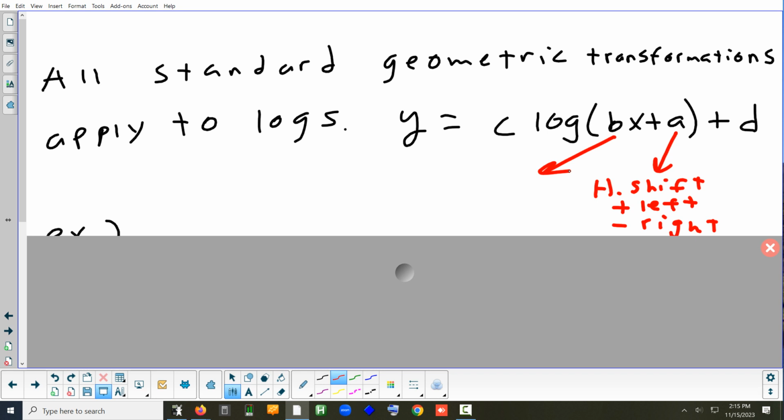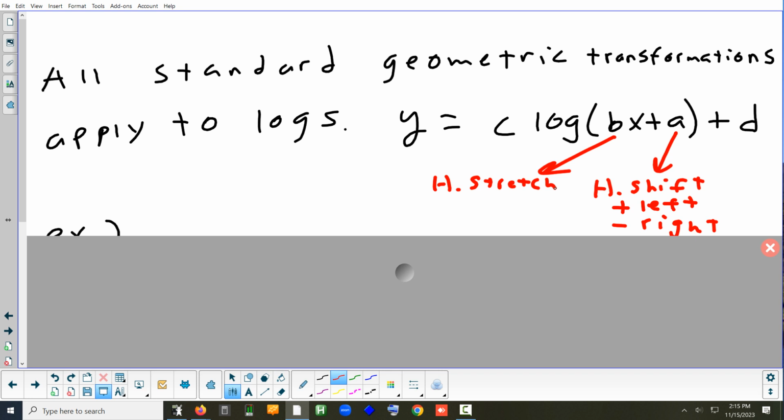What about B? That's still inside the parentheses, so it's going to have something in common, but it's multiplication. So it's a horizontal, but it's a stretch. And remember, that one is backwards as well. It could be a stretch or a shrink, but it's backwards. The bigger you make the number, that's a shrink. The smaller you make the number, that's a stretch.